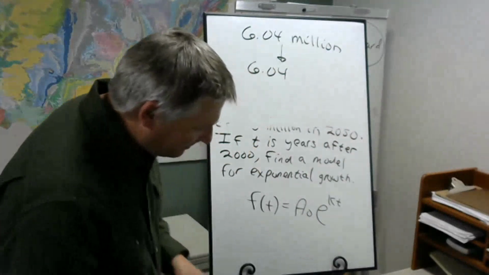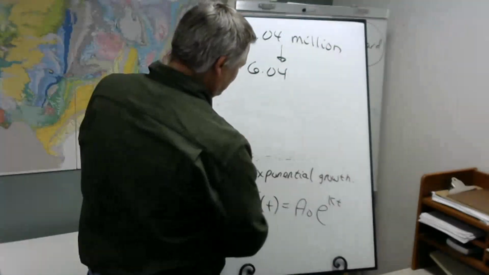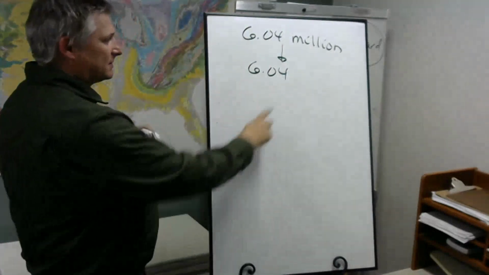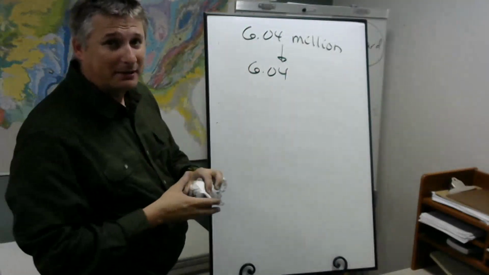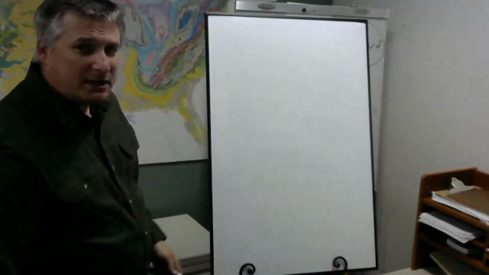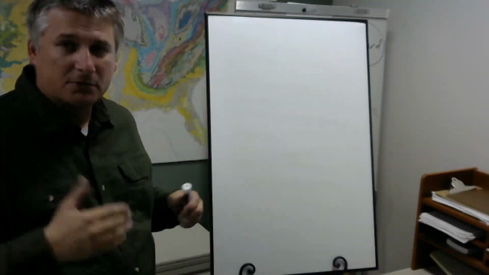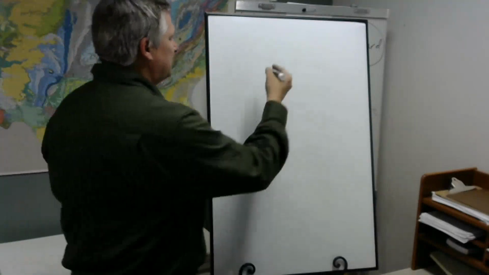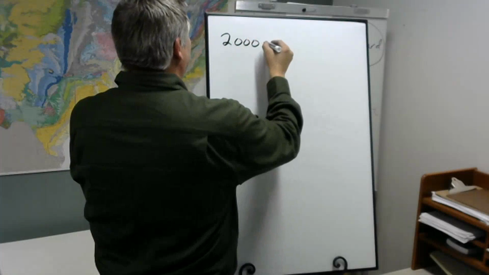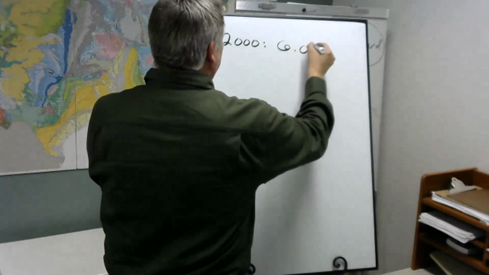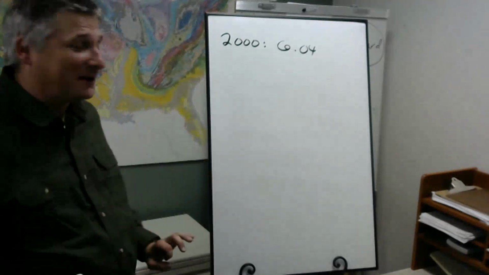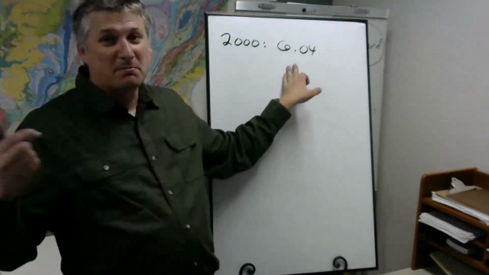All right. So this really means million. There's a times 1 million implied here. Well, t is years after the year 2000. So in the year 2000, population is 6.04, times a million, so it's really 6.04 million.